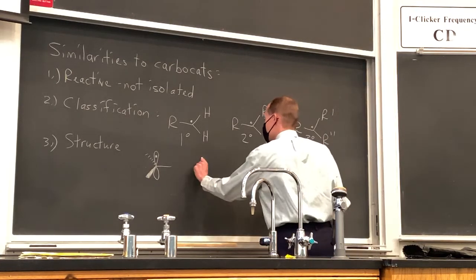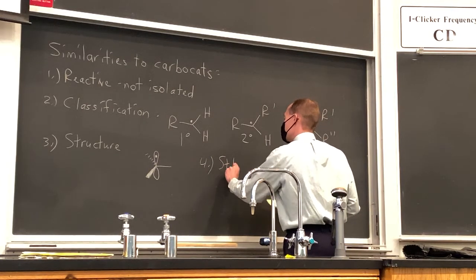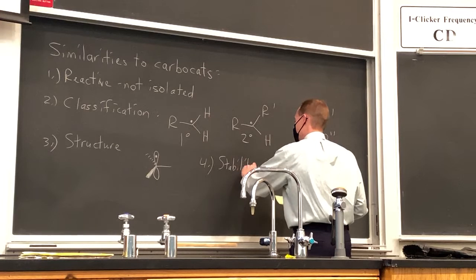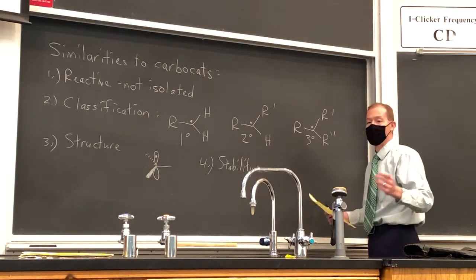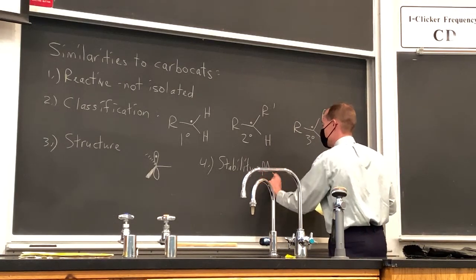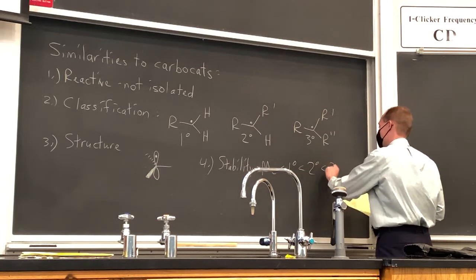And then our fourth similarity, we'll write it over here, is the relative stability of radicals and carbocations. So our more substituted radicals are going to be more stable in the same way that our more substituted carbocations are more stable.